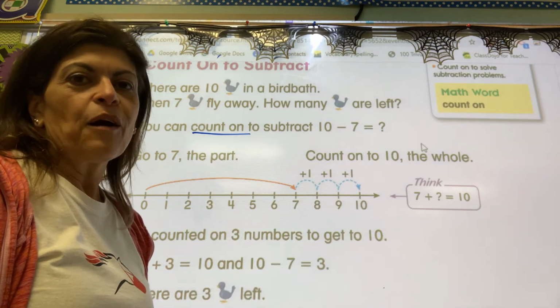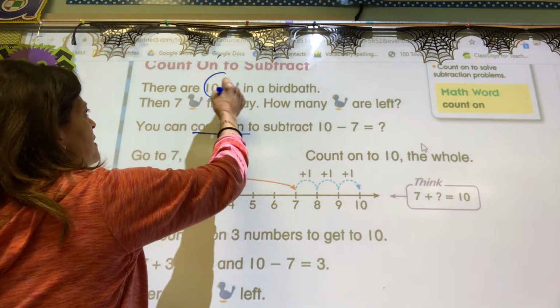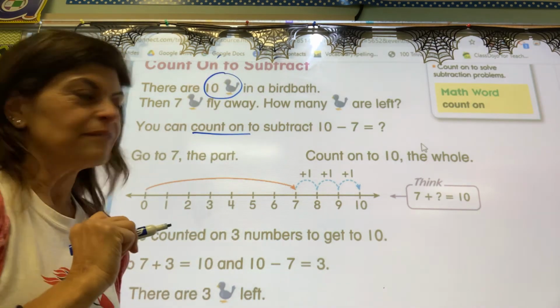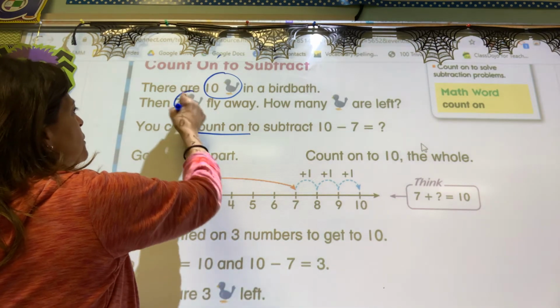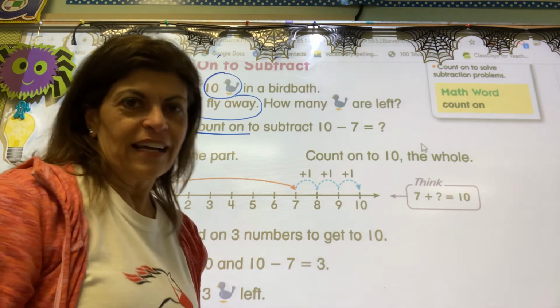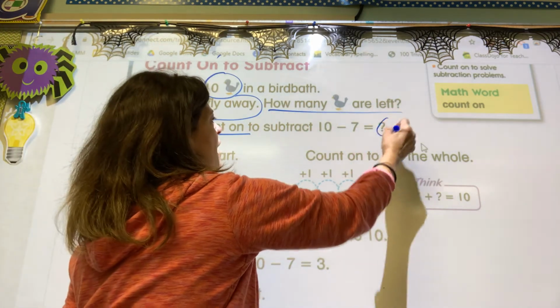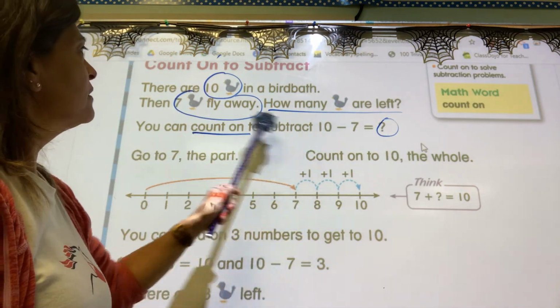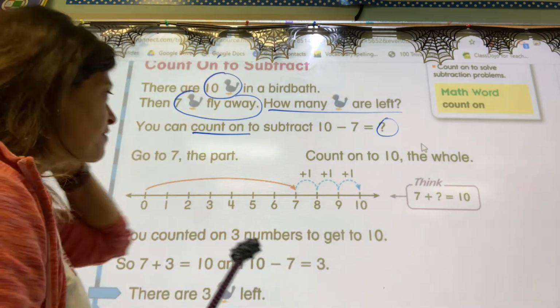So let's think about what you already know. You know that there are 10 birds in a bird bath. What else do we know? We know that 7 of those birds flew away. So what do we have to find out? We have to find out how many birds are left. 10 minus 7 that flew away. How many birds are left?